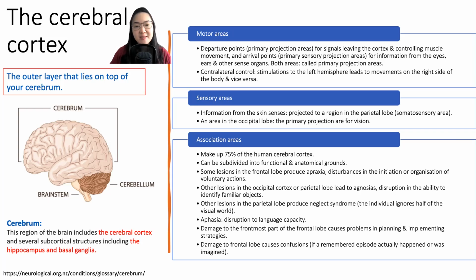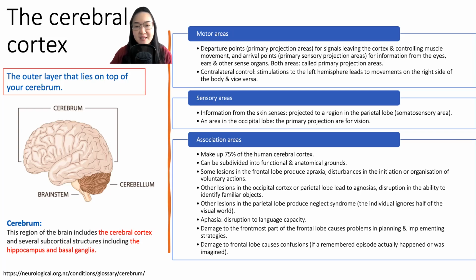Some lesions in the frontal lobe produce apraxia, disturbances in the initiation or organization of voluntary actions. Other lesions in the occipital cortex or parietal lobe lead to agnosias, disruption in the ability to identify familiar objects.